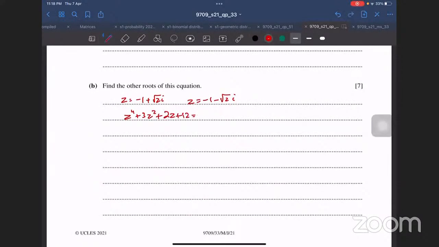Okay, using the strategy for comparison, I'm going to say that I have these two roots and I have unknown roots.